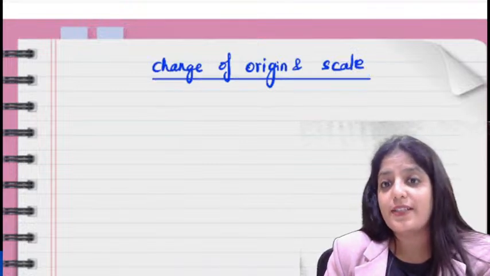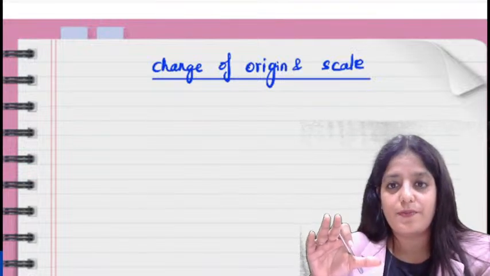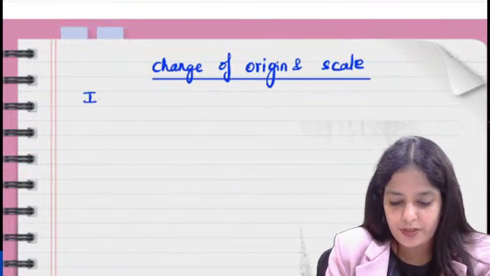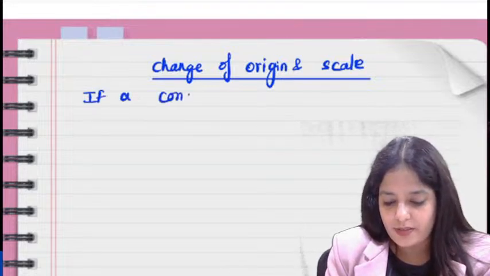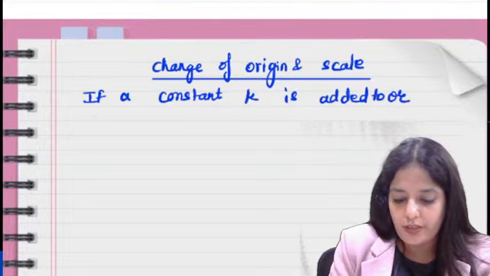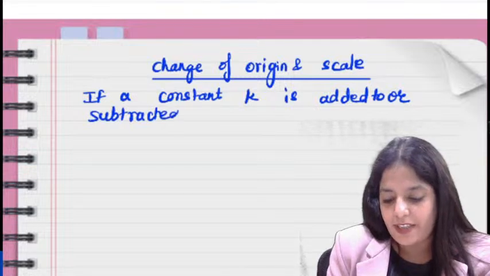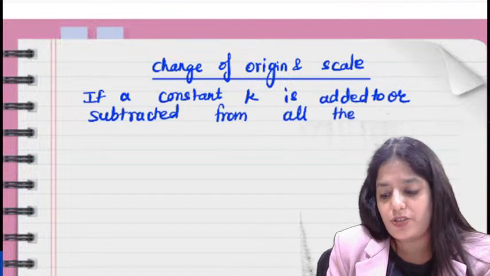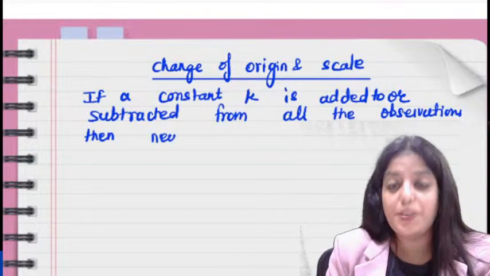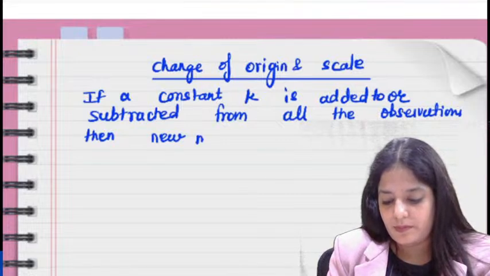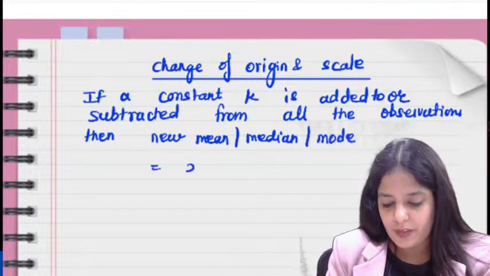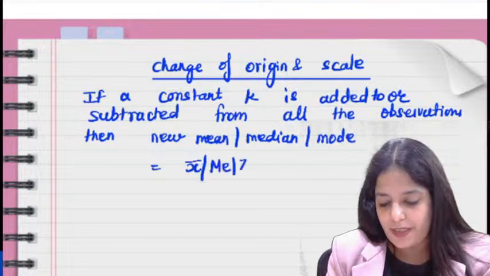The property says that if all the observations are increased or decreased by a certain number, that is, if a constant k is added to or subtracted from all the observations, then the new mean or median or mode is equal to x bar or median or mode plus or minus k.